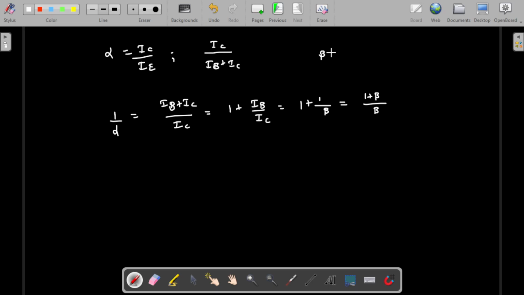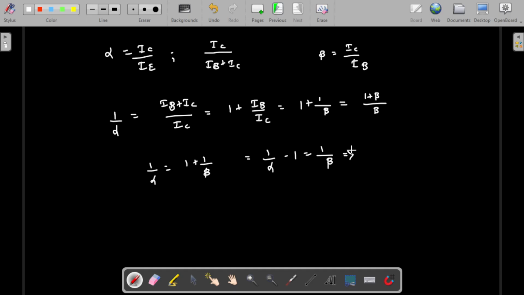We know that beta is equal to IC divided by IB, right? From that only we have taken this. So 1 by alpha is equal to 1 plus 1 divided by beta, right? If we take the 1 to the other side, 1 minus alpha is equal to 1 divided by beta.